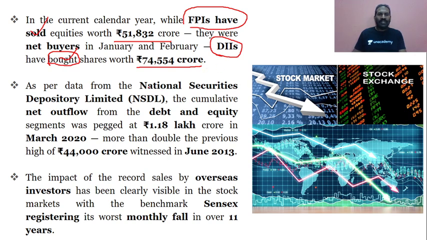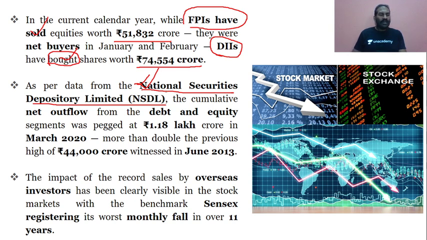And then as per the data from the NSDL, that is the National Securities Depository Limited. Again, this is very important for prelims when you are linking this pandemic, COVID-19, versus the economy, or market securities.